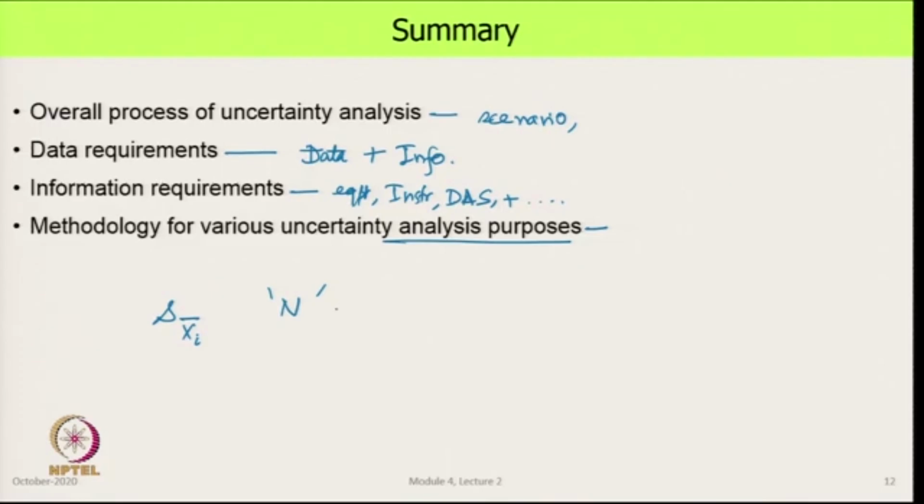This analysis is at a particular confidence level. So, this goes into the experimental methods part of the course. We will not look at it here. We will look at the overall picture and establish uncertainties in measurements and then in results.